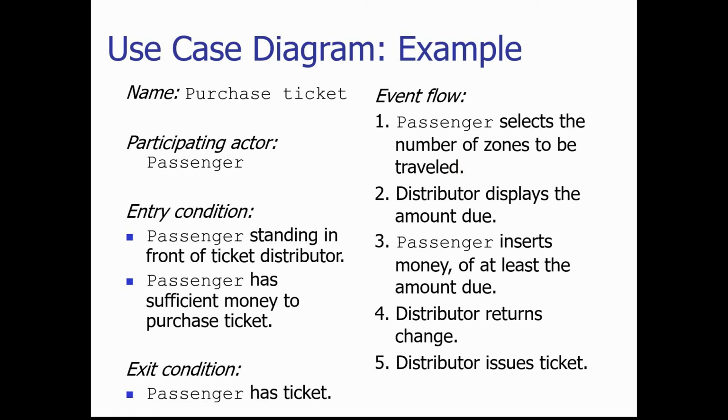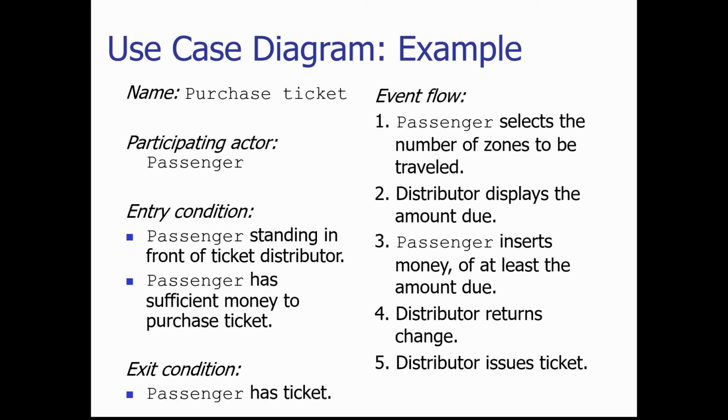What if the passenger just chooses a zone, and once the distributor displays the amount due, the passenger finds out they don't have enough money, then the passenger just walks away? Then the machine would be just hanging there forever. That doesn't make sense. So there must be a timeout mechanism. If the passenger walks away without hitting the cancel button, the distributor will wait some time and then cancel the transaction.